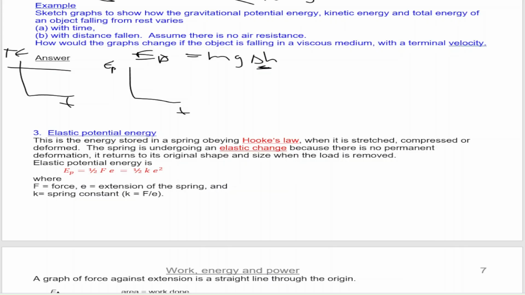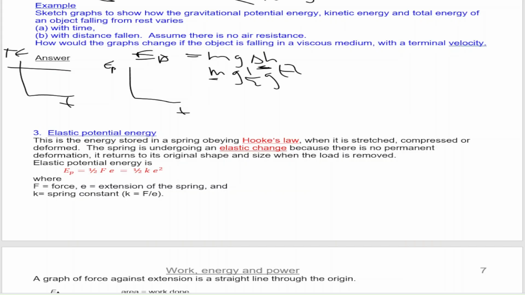So the equation that comes to mind is s is equal to ut plus half at squared, of which a is g in this case. So s is the distance or the height. If this is falling from rest, then we are saying that mgh will be mg times half gt squared.